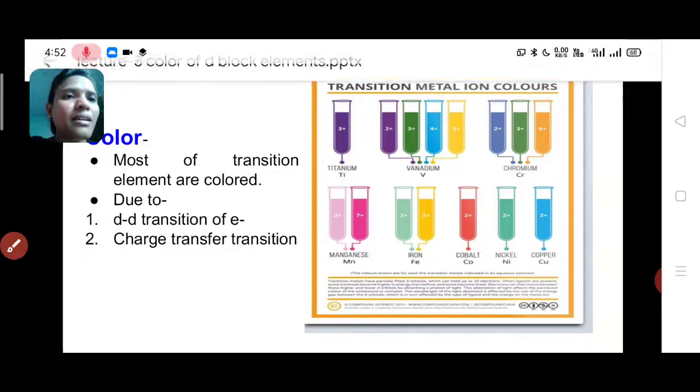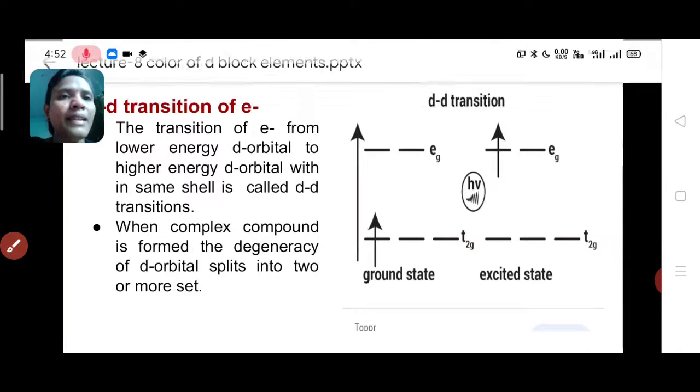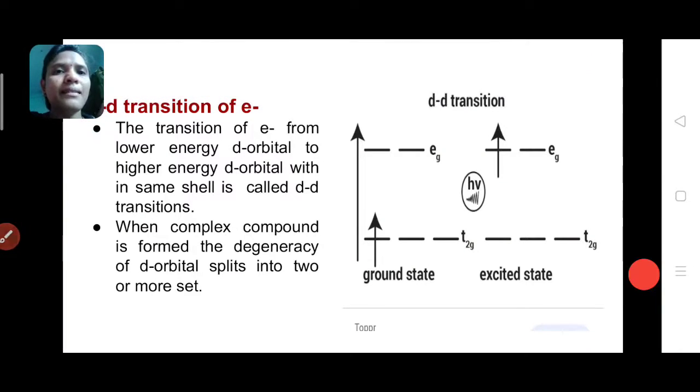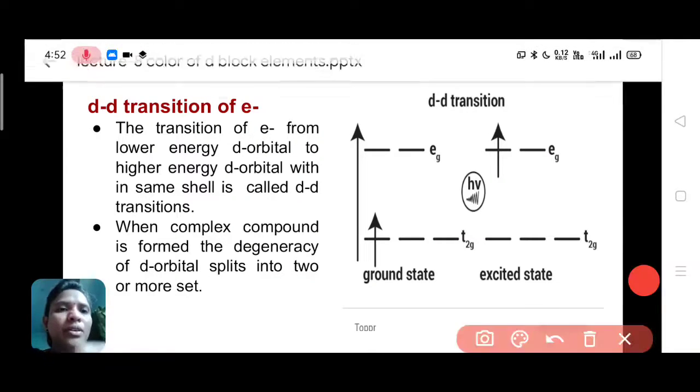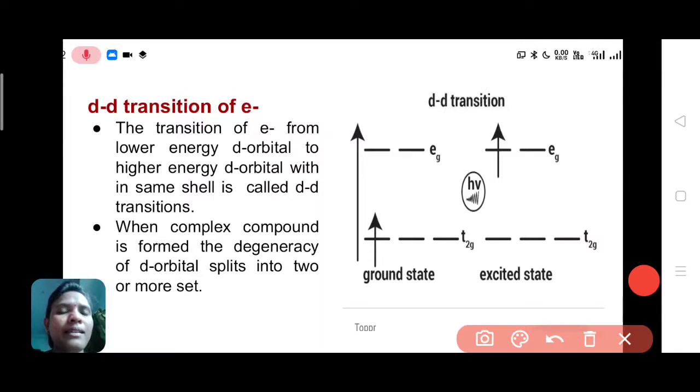Next we will see the d-d transition of electrons. So what is d-d transition of electrons? We all know that the d shell has 5 orbitals: 1, 2, 3, 4, 5.